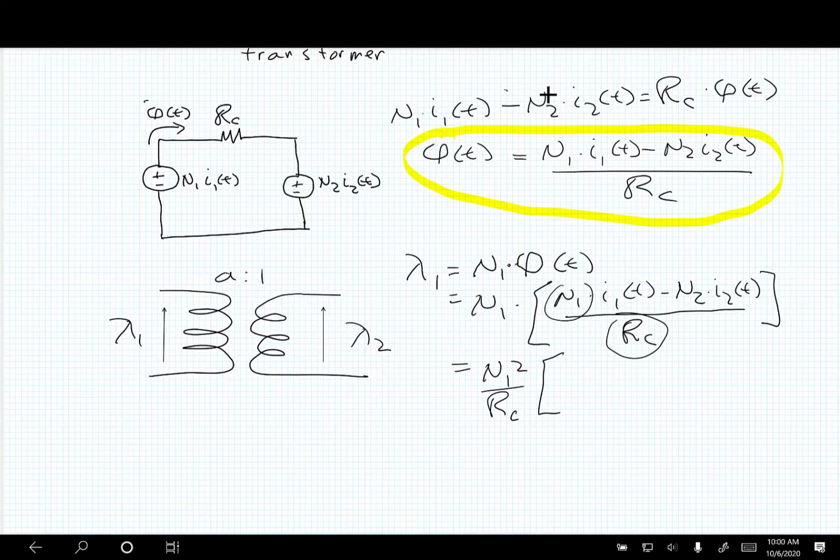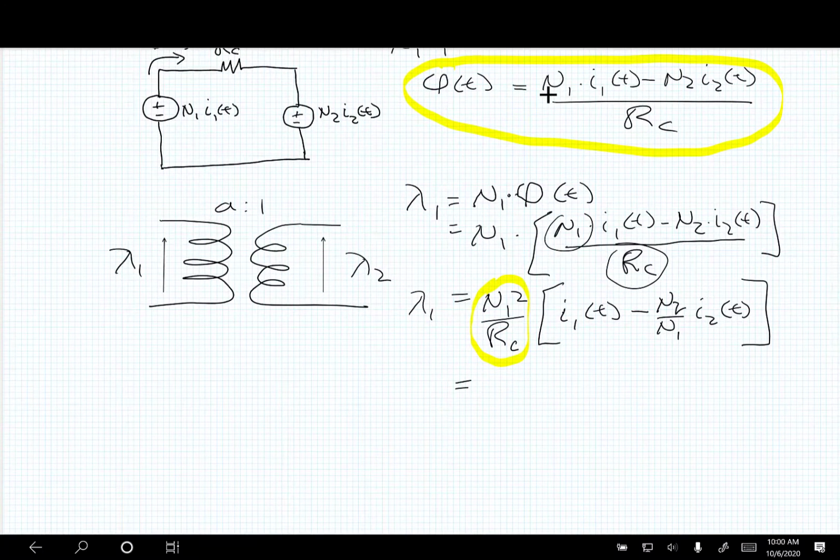Remember that when we talked about inductance, the general expression for an inductance is the turns squared, or the product of the turns if it's a mutual inductance, over the reluctance. And so what I have inside of here ends up being a current I1(t) minus N2 over N1 I2(t).